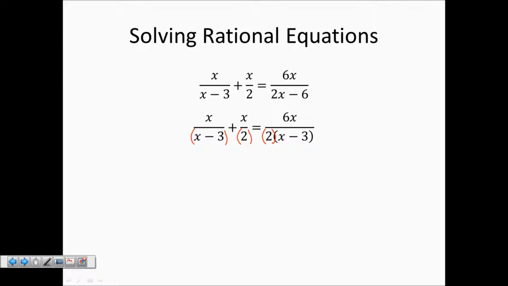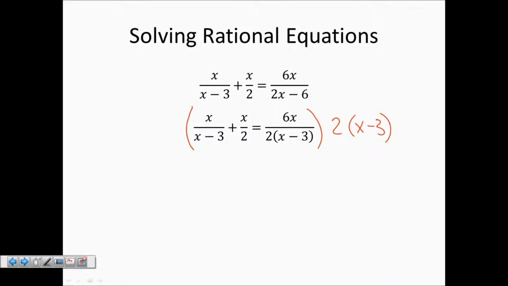So that tells me that I'm going to multiply this whole equation by both 2 and x minus 3. So I want to multiply by basically all of my different factors that occur throughout the equation in the bottom.